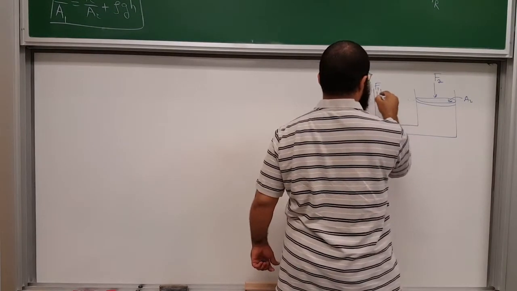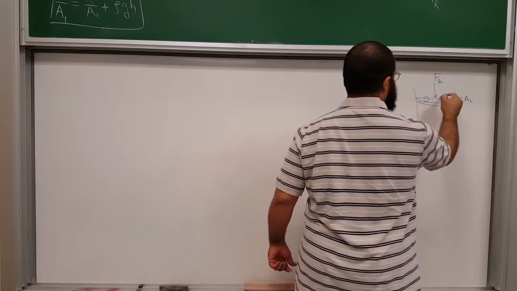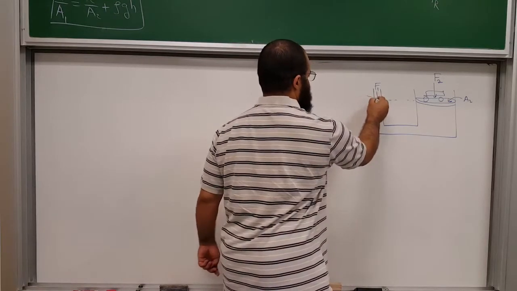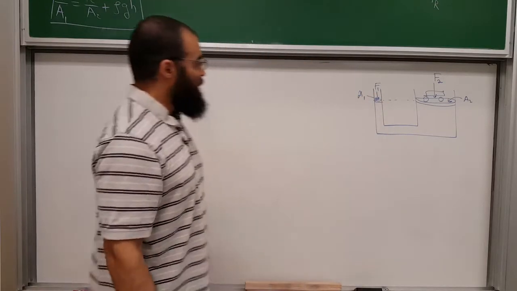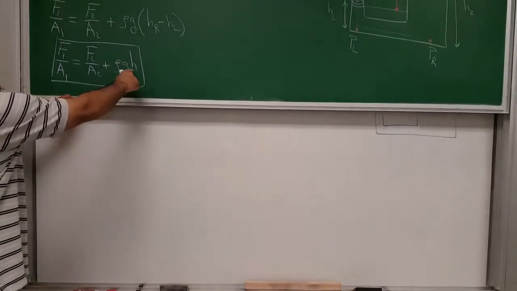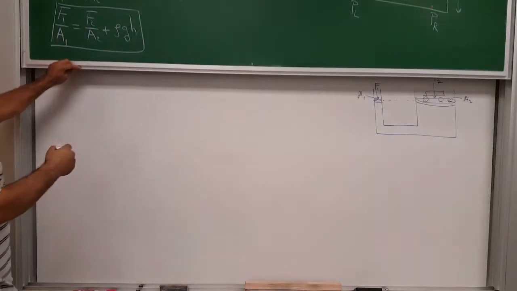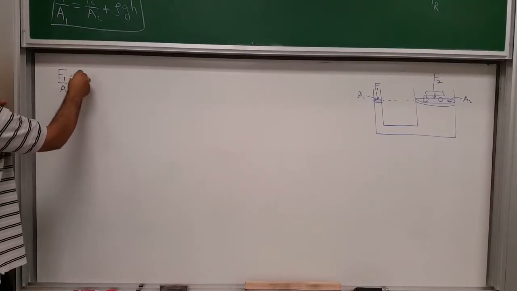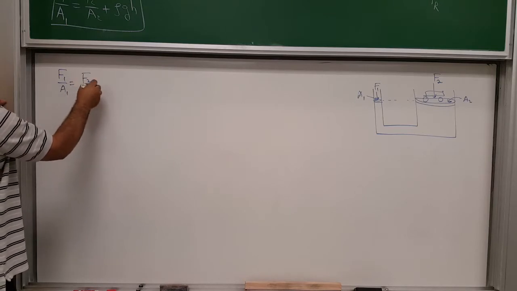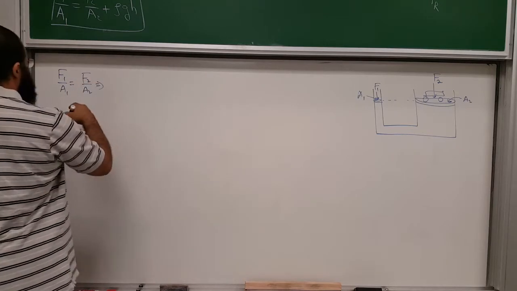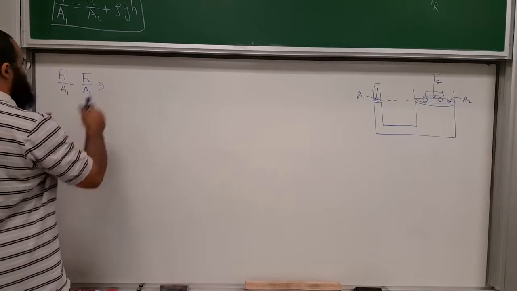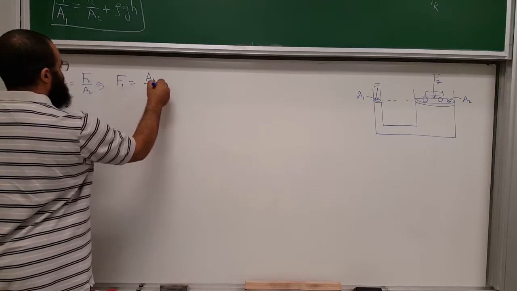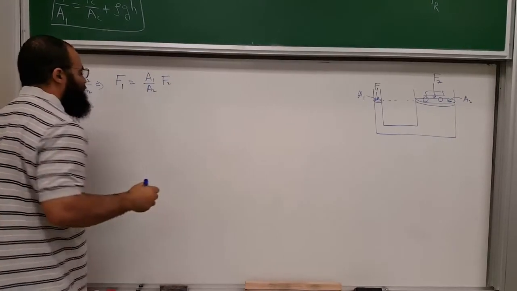How much force do you need to push with to keep the car at the same level? This here is area 1. Again, if there is no difference in height, this is 0, and you just have F1 over area 1 equals F2 over area 2.